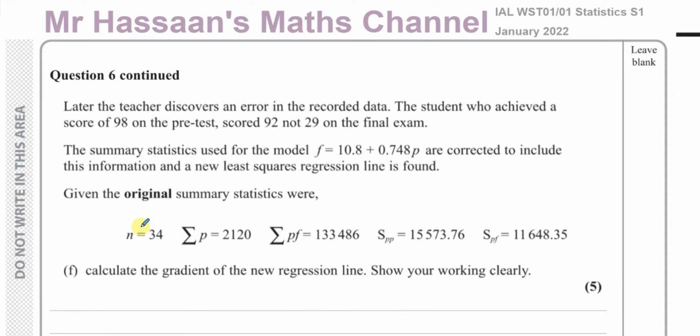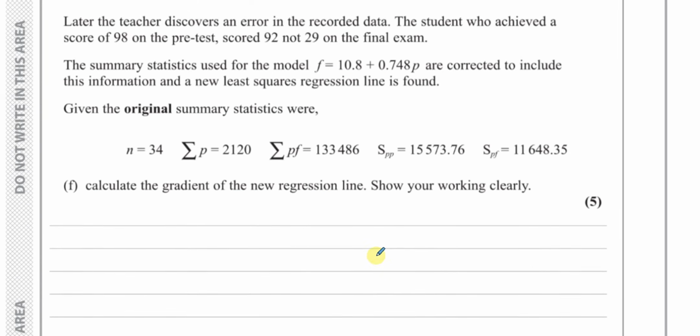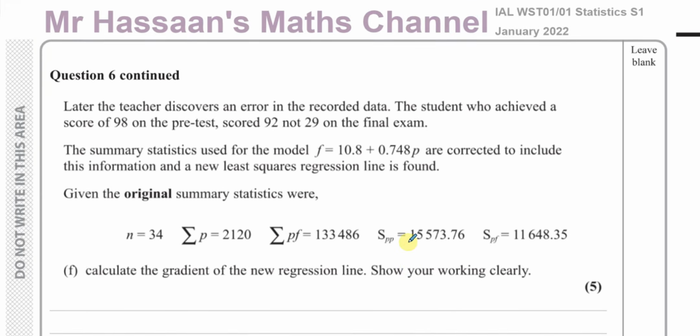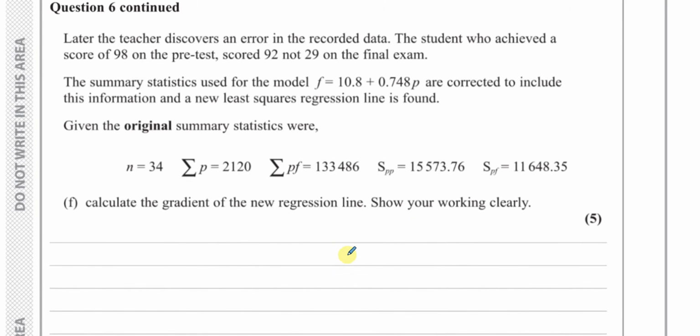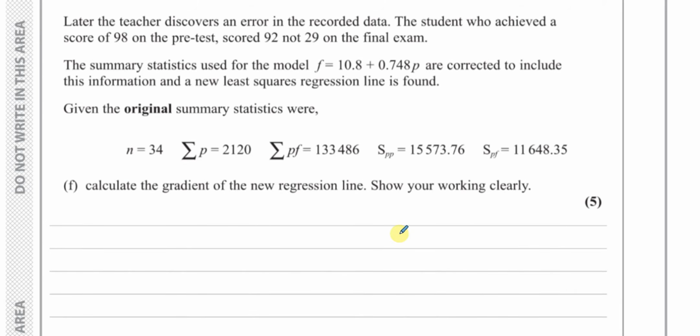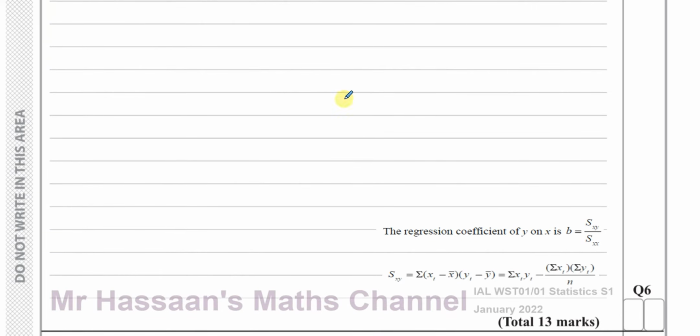Now, given that the original summary statistics were this, including the mistake, calculate the gradient of the new regression line, showing your working clearly. Okay, so now what we've got to do is find the gradient of the regression line. So if we go to our formula book, I've got them saved over here.